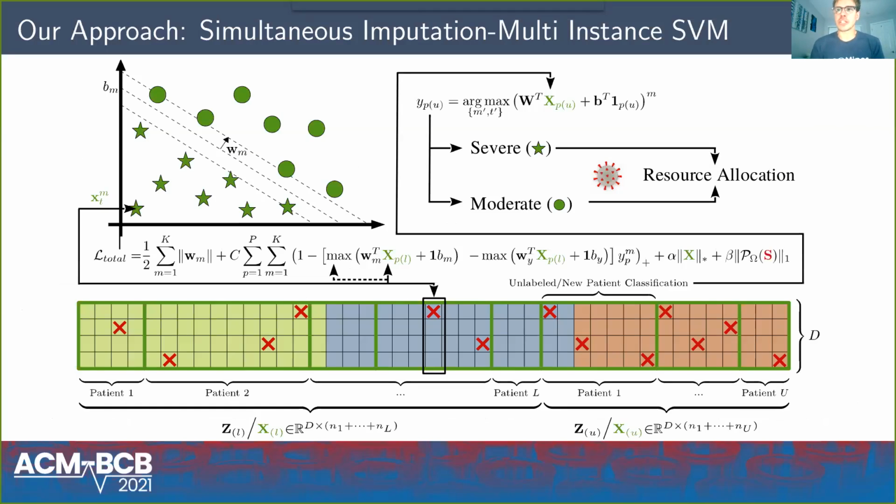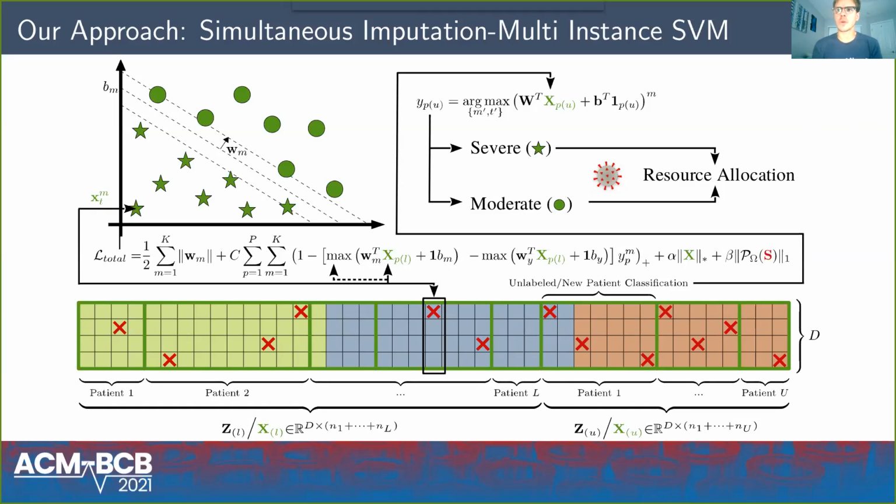We want to leverage both of these tasks simultaneously. That is to say that given some data set that may have missing data, so this is clinical data, we want to impute all of that missing data across the labeled and unlabeled data points within our data set.